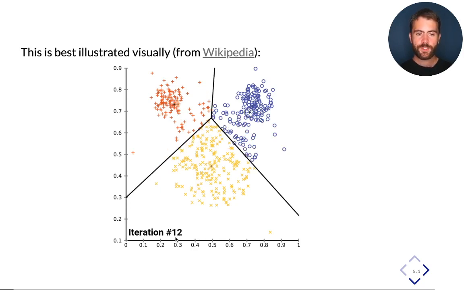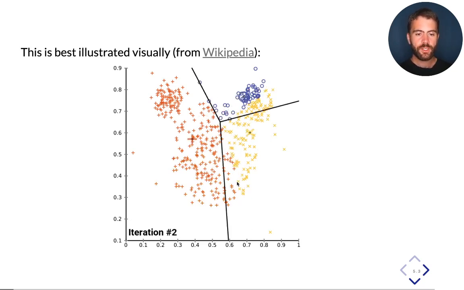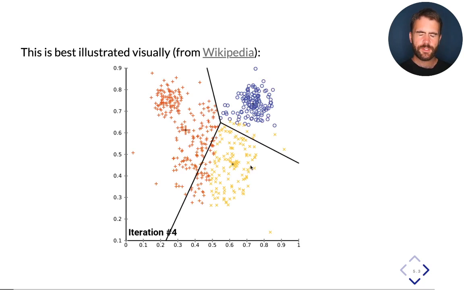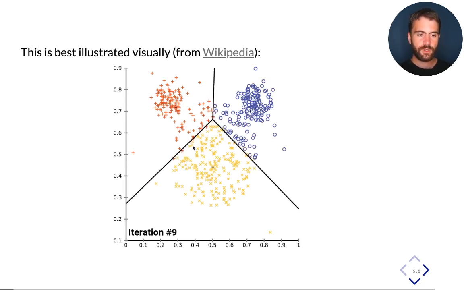The k-means algorithm starts with a random guess of what the clusters are, and at each iteration it updates these guesses. It updates the centers, and these are the points here, it's the cross here and the circle here.